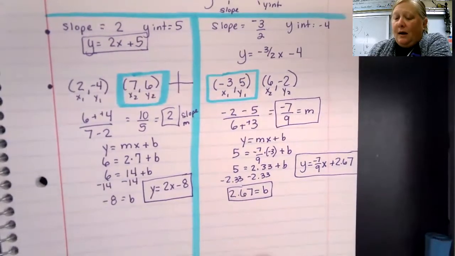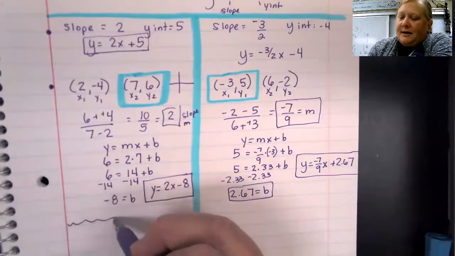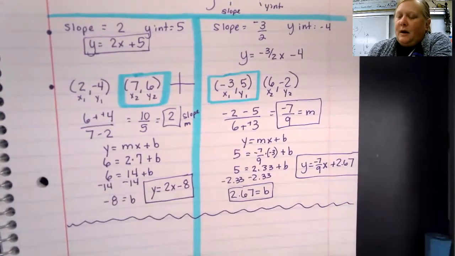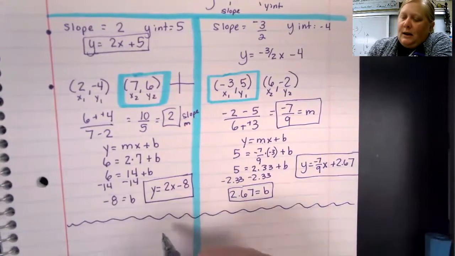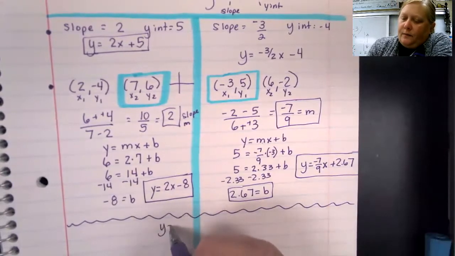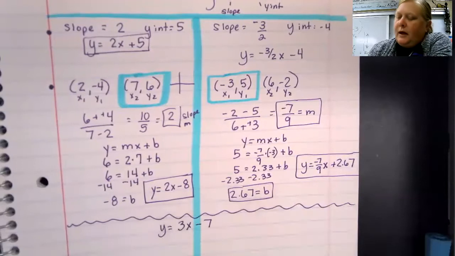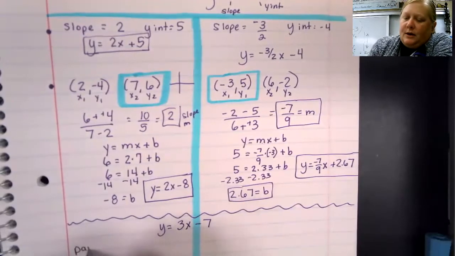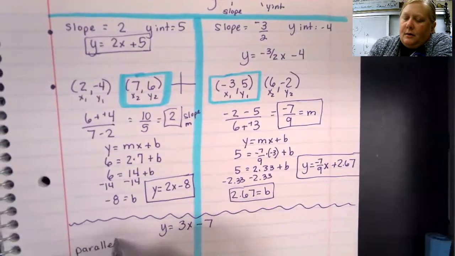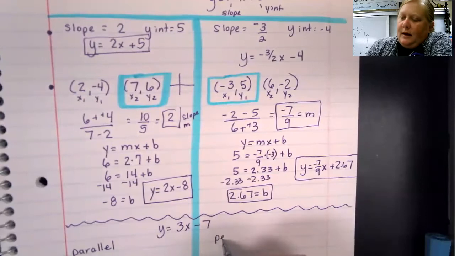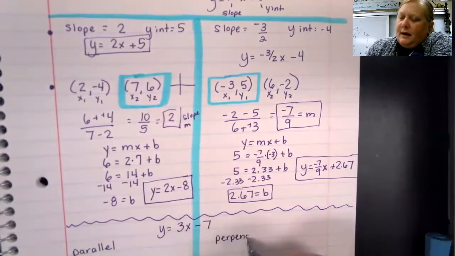Okay? So now what we want to do is practice our parallel and perpendicular lines. So I'm going to give you a line. Okay, this is the line. And I want you to write me an equation that is parallel to that line and perpendicular to that line.